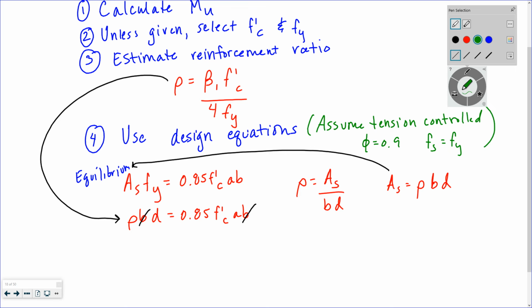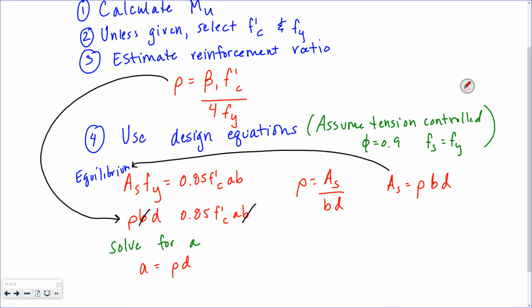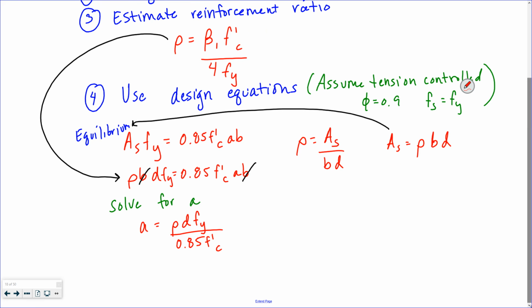Then I'm going to solve for a. a equals rho d Fy, I forgot Fy, rho d Fy divided by 0.85 f'c. And I have an equation where a and d are also involved, right?